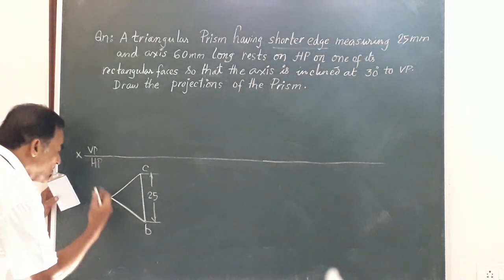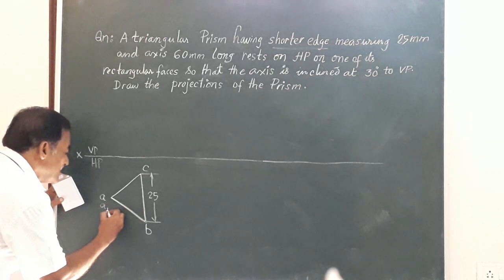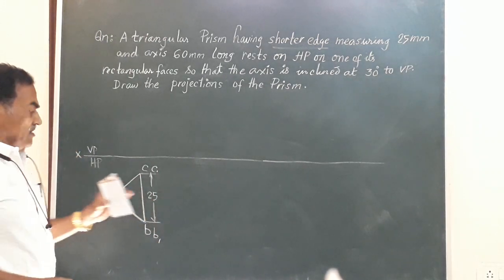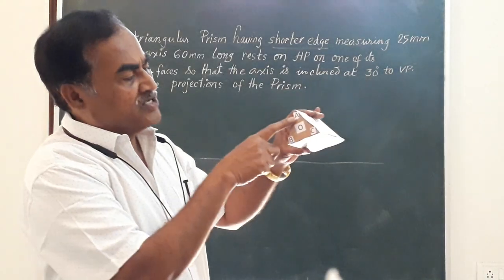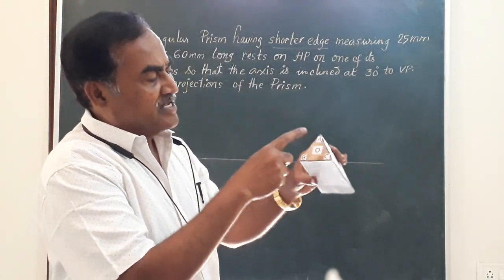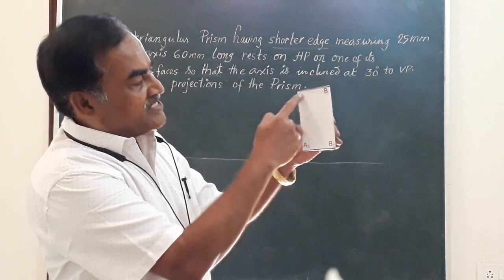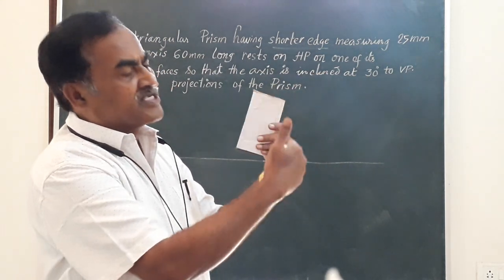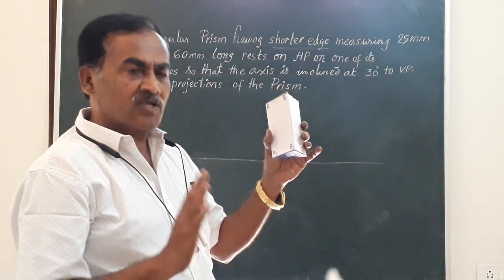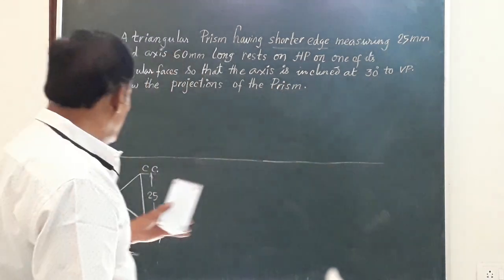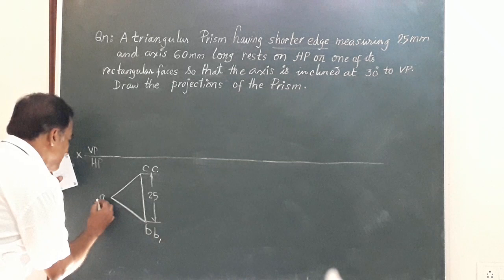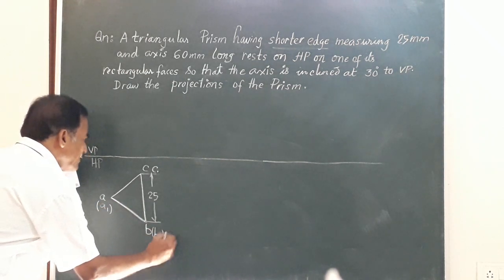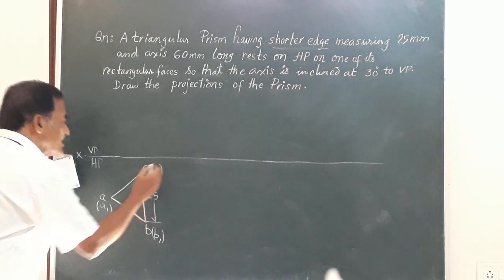For the bottom you have got one more, that is A1, B1, C1. So when you look from the top, you are able to see A, B, C. A1 which comes below this A, B1 which comes below this B, similarly C1 which comes below C, are not visible, and hence we are going to show them inside brackets: A1, B1 and C1.